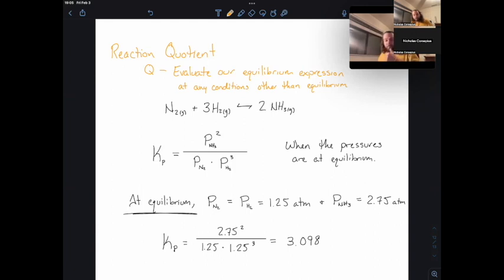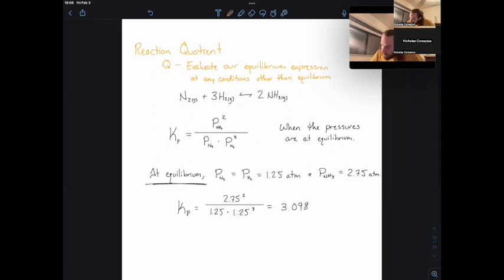Okay, so let's take this same example. I told you what the equilibrium values are for these pressures, and thus we could figure out what Kp was. But now we're going to just pick random initial values for all of these pressures.